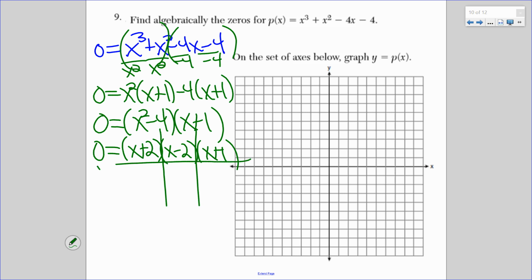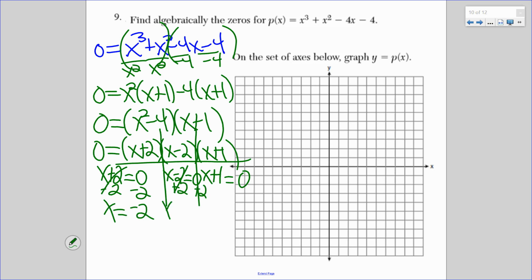Set each factor equal to 0: x plus 2 equals 0, x minus 2 equals 0, x plus 1 equals 0. x equals negative 2, x equals positive 2, x equals negative 1. That's the answer to the first part of the problem.